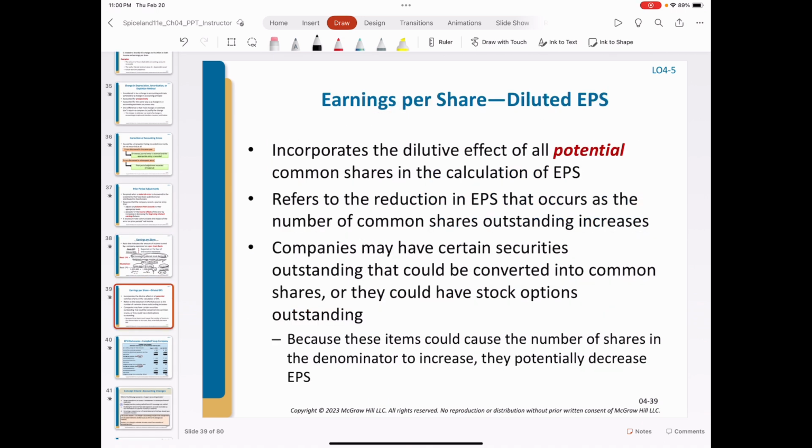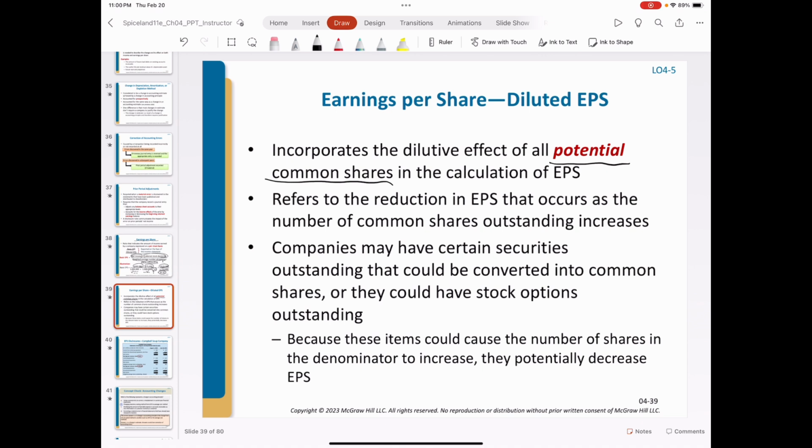Diluted earnings per share integrate the impact of potential common shares. These potential common shares represent, for example, convertible debt, convertible preferred stock. So these securities provide options for the investors or lenders to convert their securities into common stock.